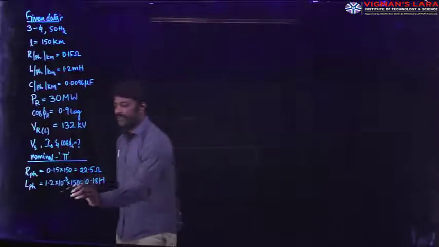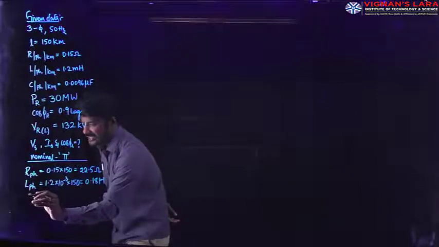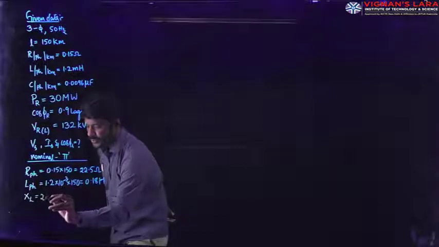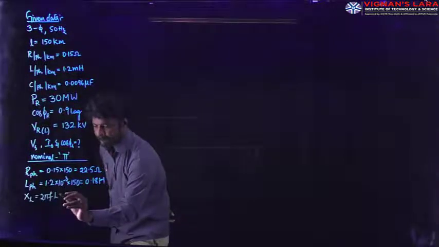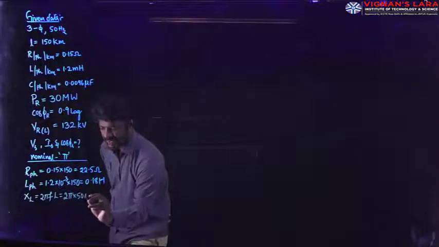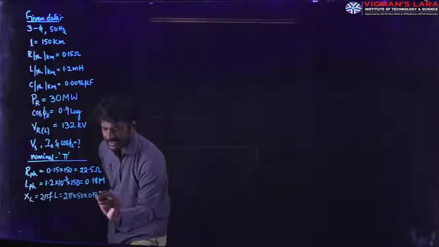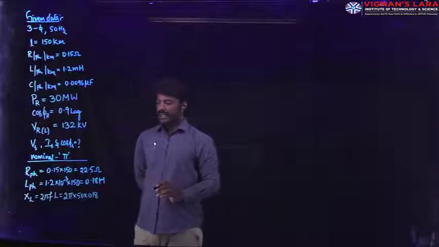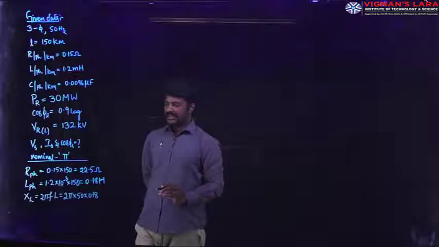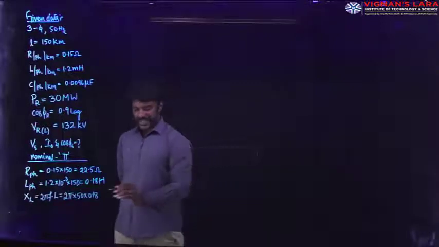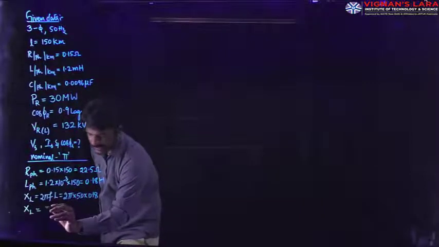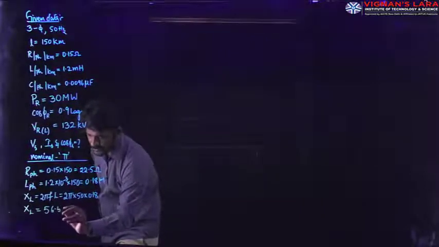The ohmic value of the inductance is called the inductive reactance XL, which is 2 pi FL, equal to 2 pi times the frequency 50 Hz times the L value 0.18 henries for the entire line. Then XL is equal to 56.55 ohms.